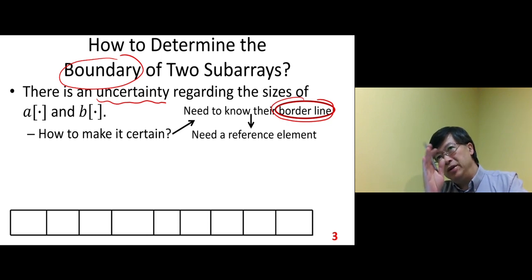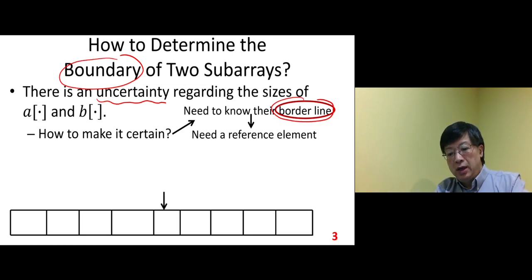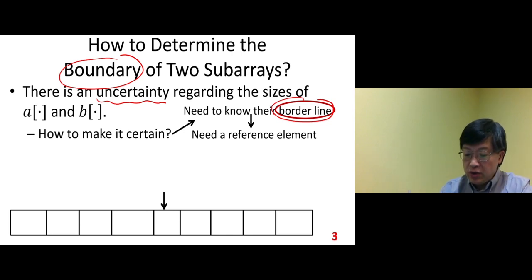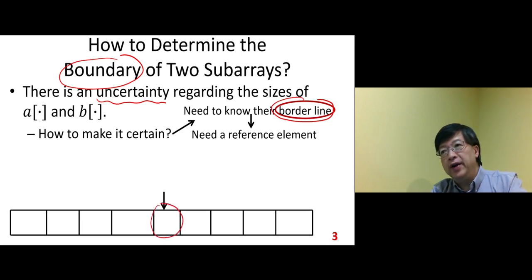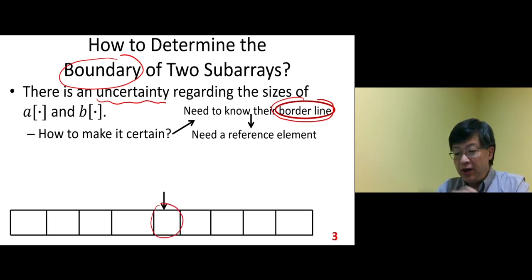We use that as a reference, so all other elements will be compared with this element. This reference element should be somewhere in the array. Let's put it here.